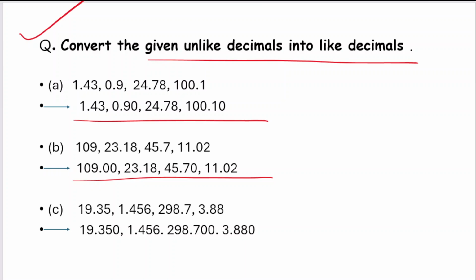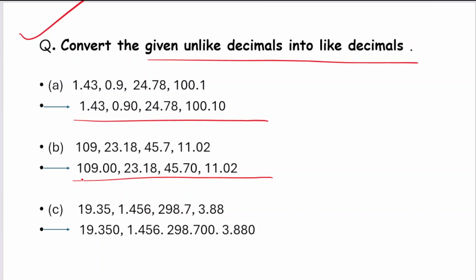So I have to make them like decimals in the answer. So 109.00. Since I can go up to 2 decimal places, I am representing the decimal part by adding 2 zeros, so that I can make all the 4 numbers like decimals.